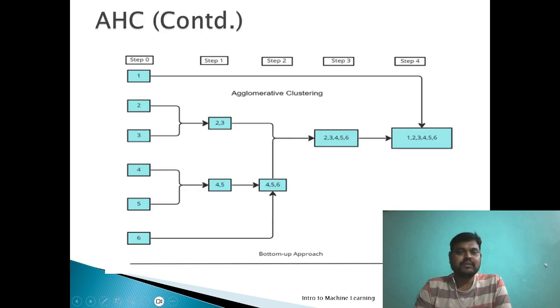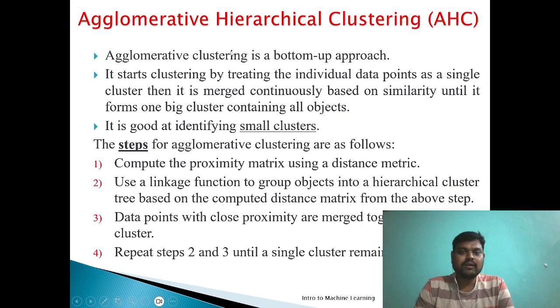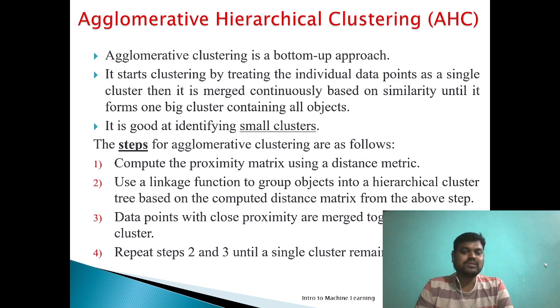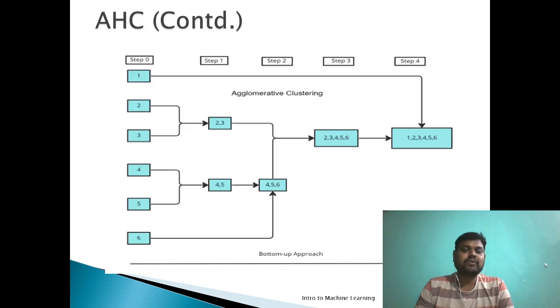Here is an example for agglomerative hierarchical clustering. This is step 1. It follows the bottom-up approach. It starts clustering by treating the individual data points as single clusters, then they are merged continuously until it reaches the large one, right? You have to calculate the distance matrix, and the process will be iterated. Based on the distance matrix, if they are similar, they will be grouped into one cluster.